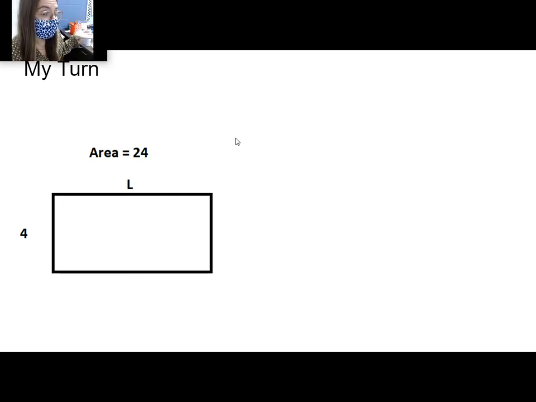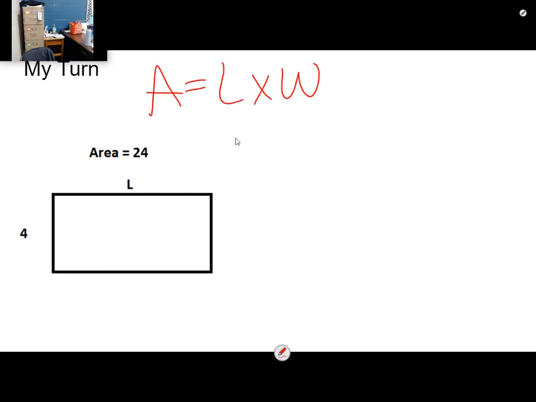How do we find area, class? Area, array, multiply, right? To find the area, we're going to multiply length times width.